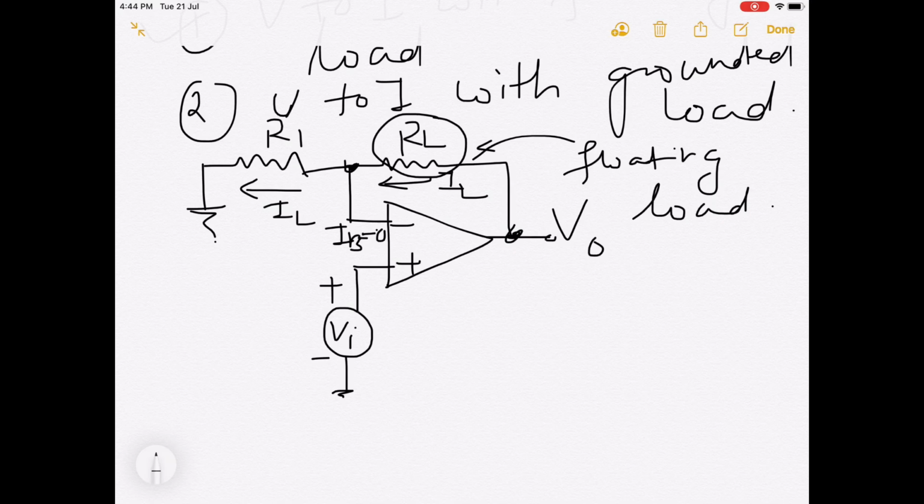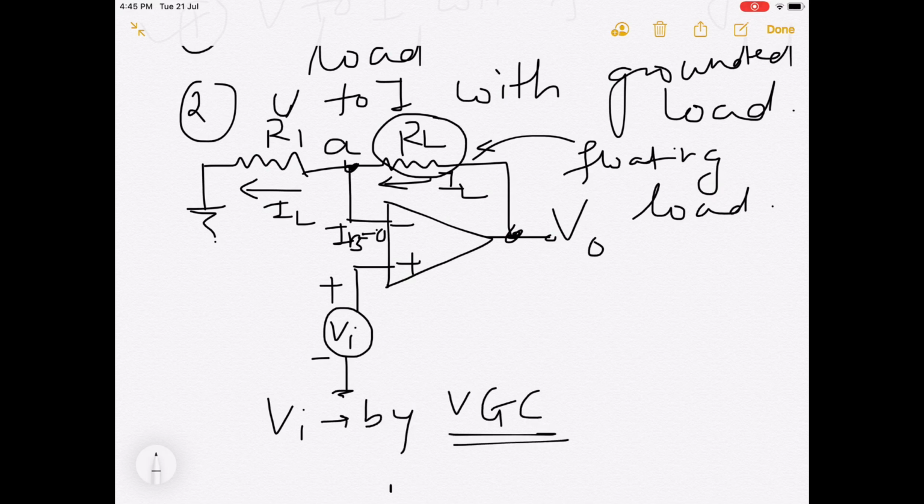For that we have a very small derivation. The voltage at node A, suppose this is node A, is Vi. Why Vi? By the virtual ground concept. All of you know that. What is the virtual ground concept?